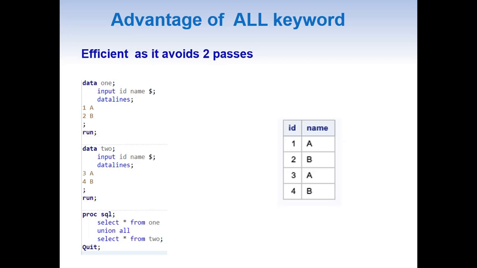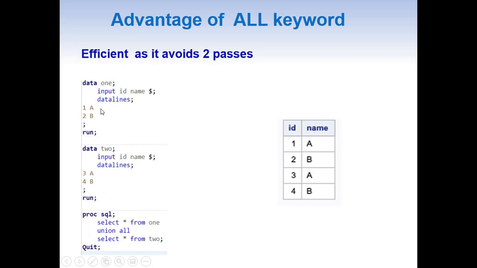Whenever we use all, it just easily appends both of these data sets. But when we do not have this all keyword, what really happens is, first, the SQL optimizer will check whether there are any duplicates.